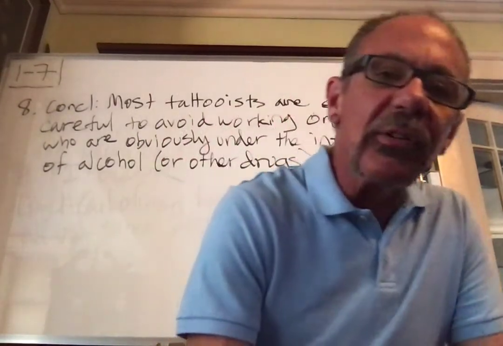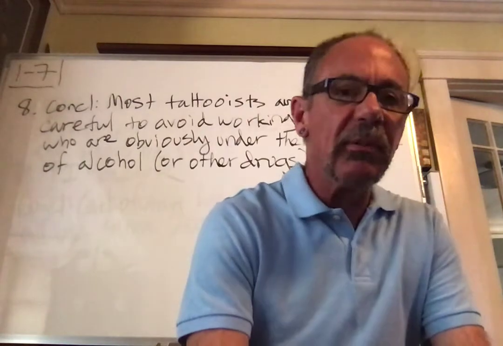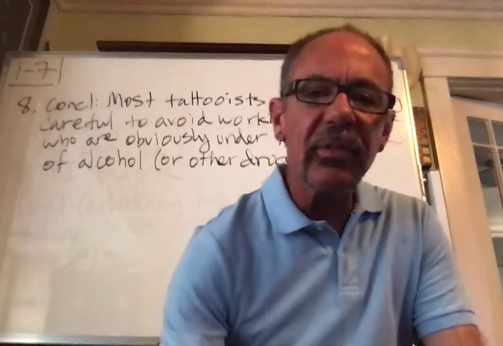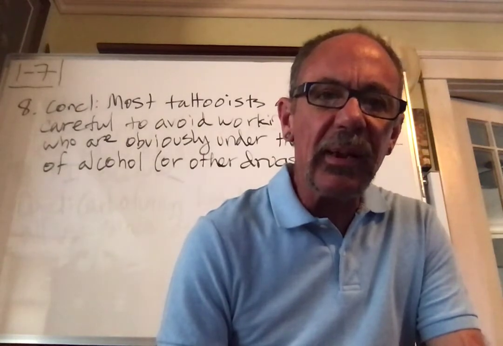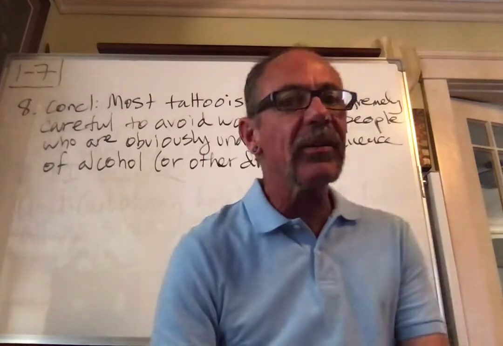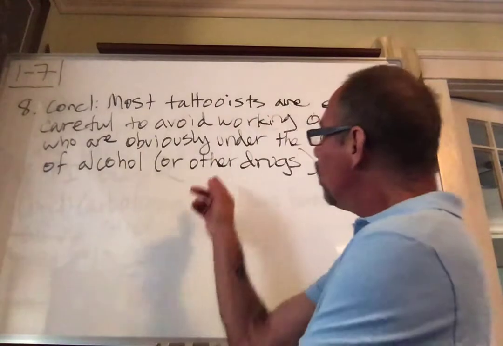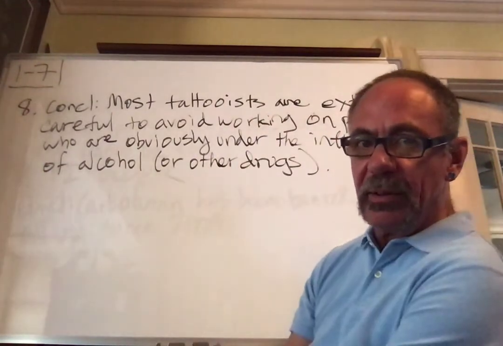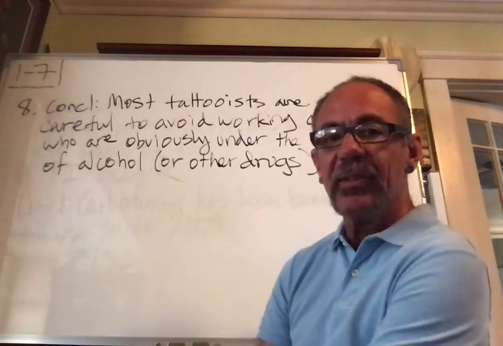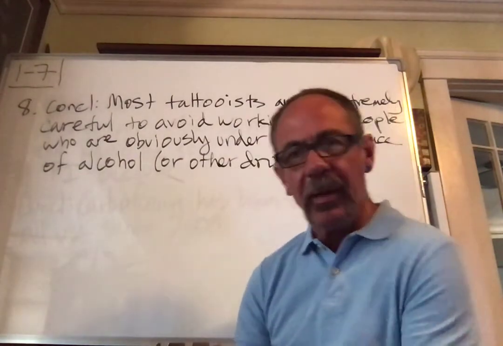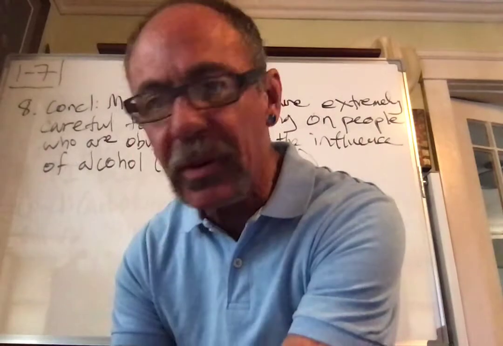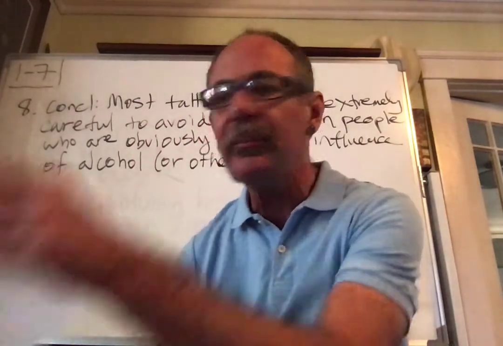Not only because they're drunk, but another reason could be because they're under the influence of some other kind of drug that compromises their ability to give free consent. So, or other drugs is supported by some, though not necessarily all, of the premise material given after the first sentence. That's why I included it.